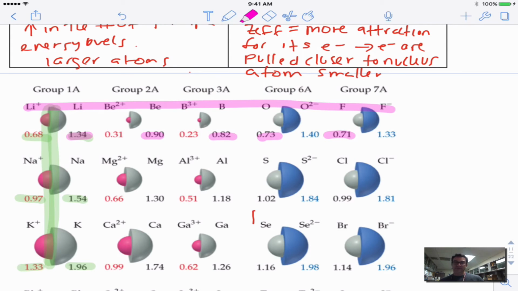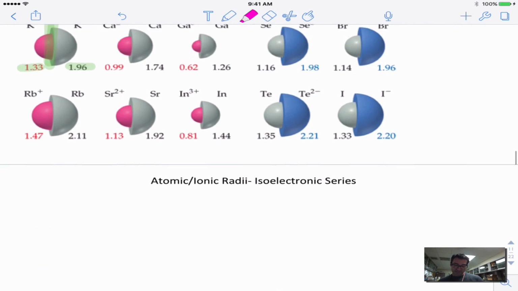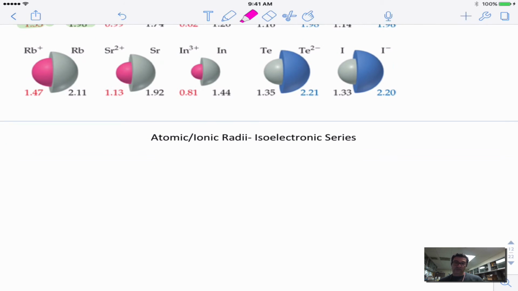Now you notice that they have numbers in red and blue, and those are the ion numbers. Those ions are going to be different. Either they're going to gain or lose electrons. So, for example, if I ask you this question, and we'll discuss this in class on Monday when we have class together, compare lithium and lithium plus.